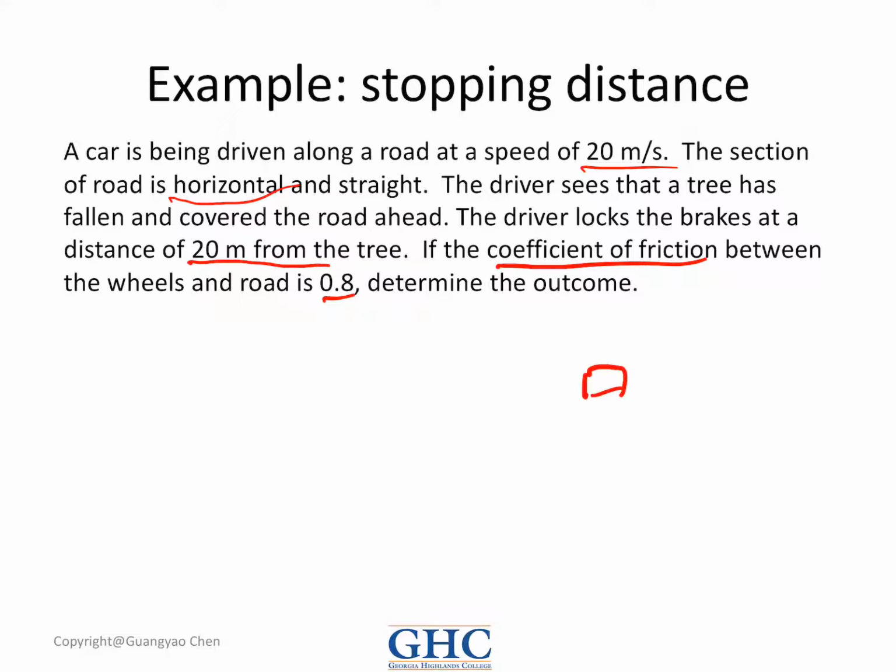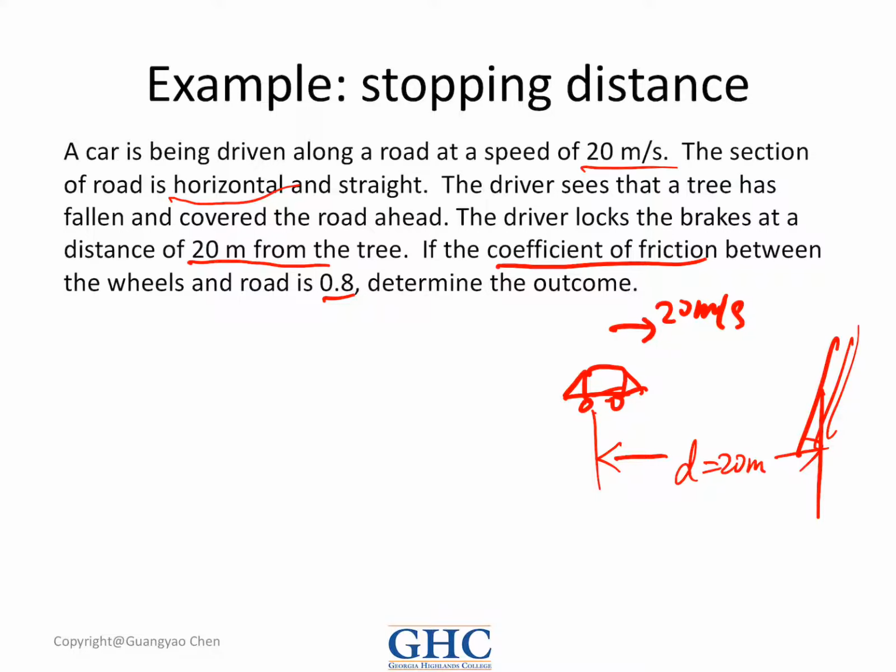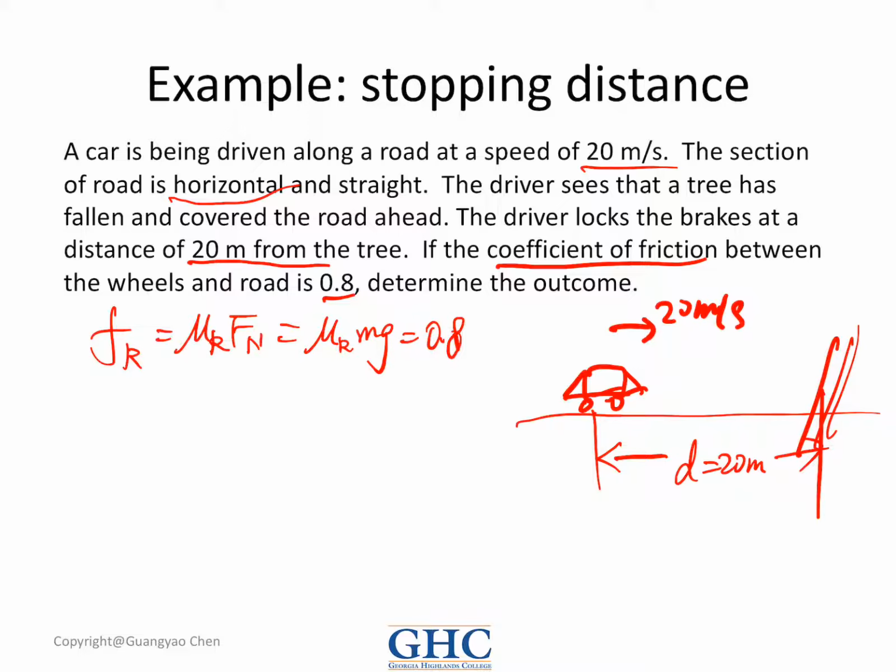See, this is a car moving 20 meters per second, and you have a tree here. The distance d is 20 meters. You want to know whether the car can stop. So you need to find the magnitude of friction, which is mu k Fn, and Fn should equal mg, so it's 0.8 mg.